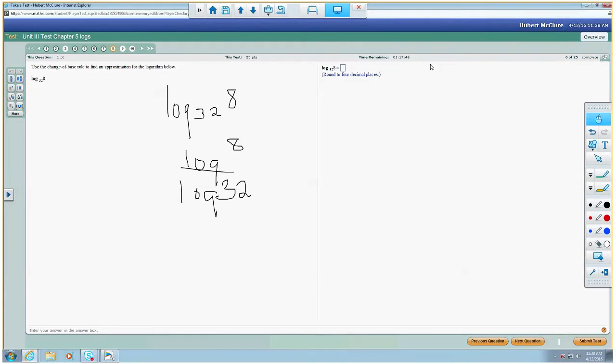To 4 decimal places, just 0.6. Hmm? 0.6. Oh, 0.6000. There.